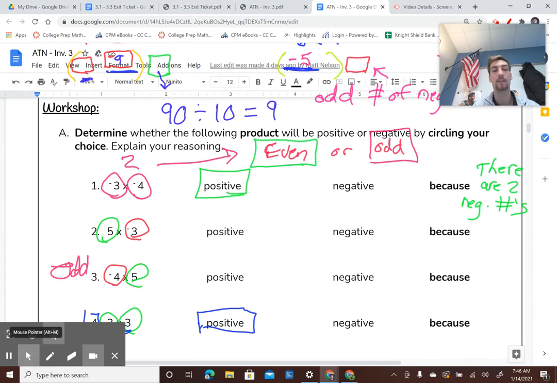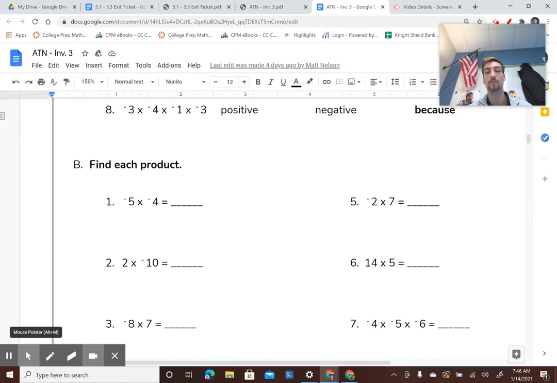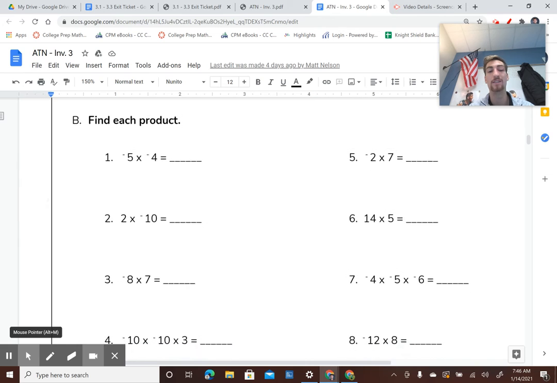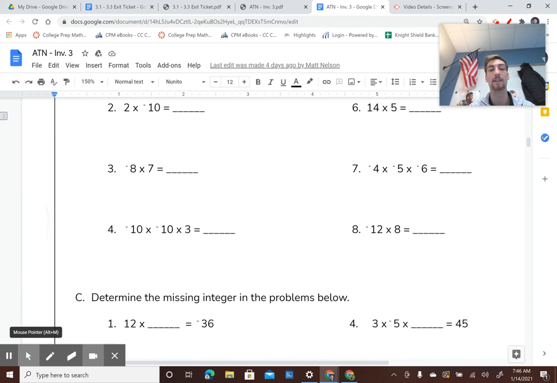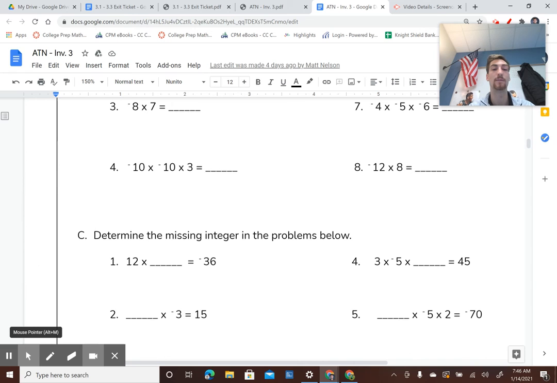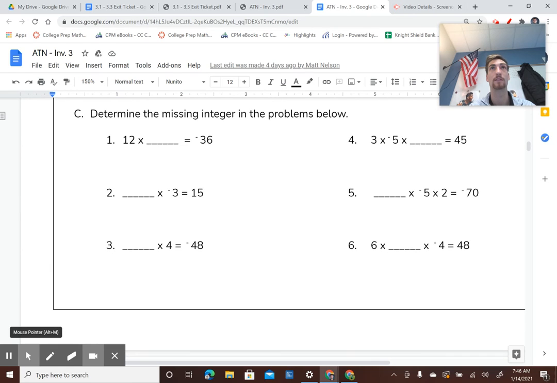All right? So then we're going to move on to part B, which is finding the product. This is just like the example problems we started with. Again, you're looking at if there's an even number of negative factors or an odd number of negative factors. All right, now we're looking at C, and this is determining the missing integer in the problem.